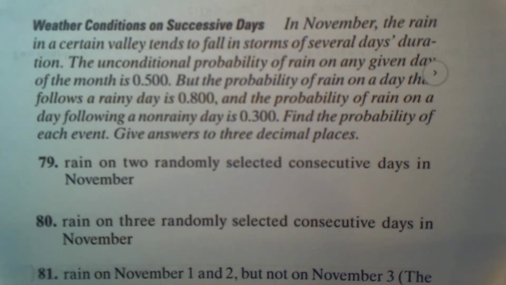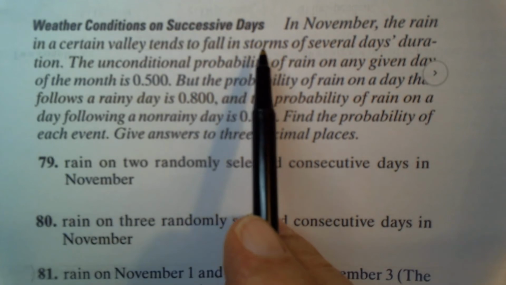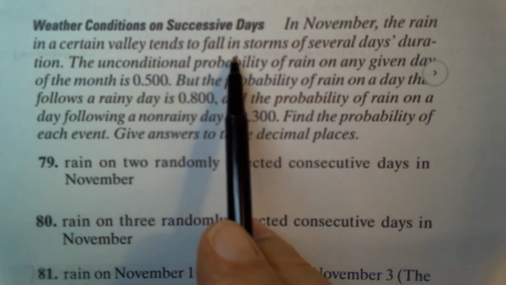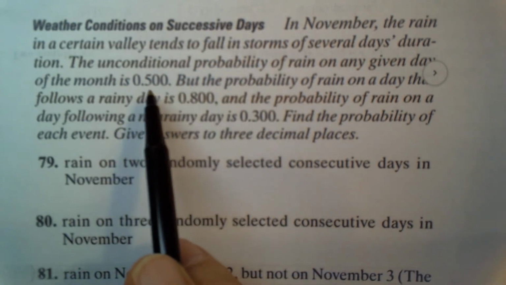Next, I'd like to go over some examples to illustrate how we use these concepts from section 11.3. These are from the textbook. One of them is about weather conditions on successive days. It says, in November, the rain in a certain area tends to fall in storms of several days' duration.